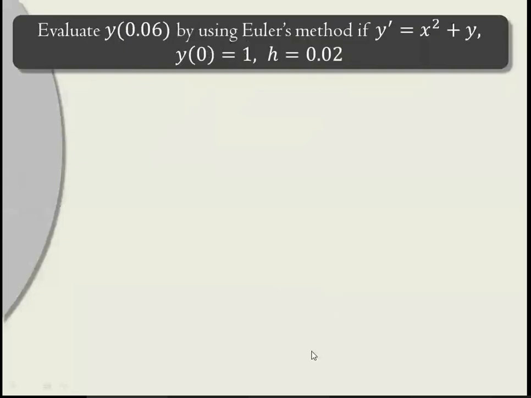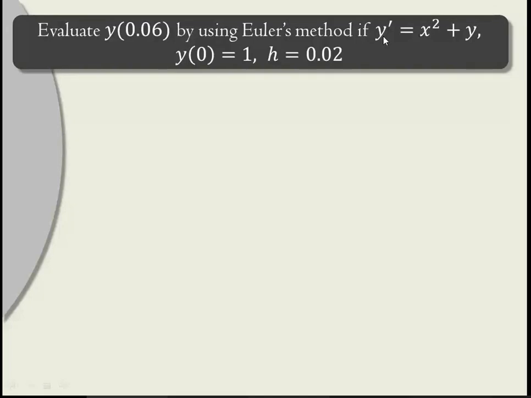Evaluate the value of y at 0.06 by using Euler's method if y dash is equal to x square plus y, y of 0 equal to 1, and h is given as 0.02. Firstly, y dash means dy by dx, and that we consider as f of x.